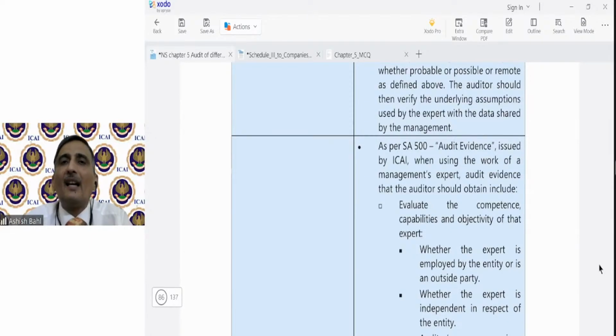So management expert, as we have already done in SA 500, is a professional from fields other than accounting or auditing, whose services are used by the company in preparation of its financial statements. This we have done in SA 500.